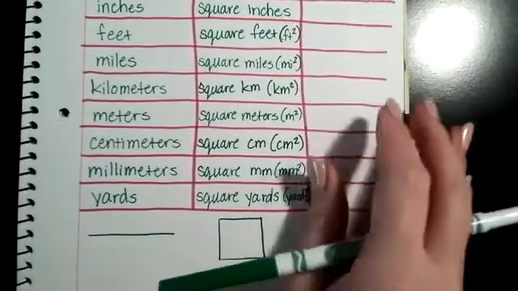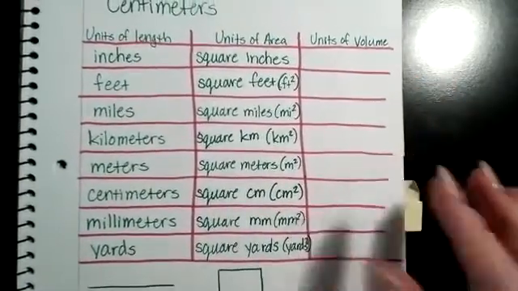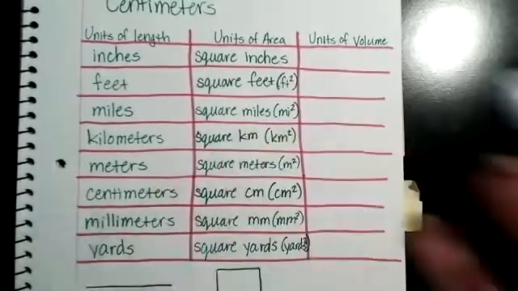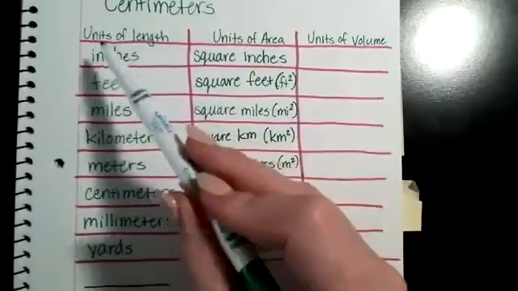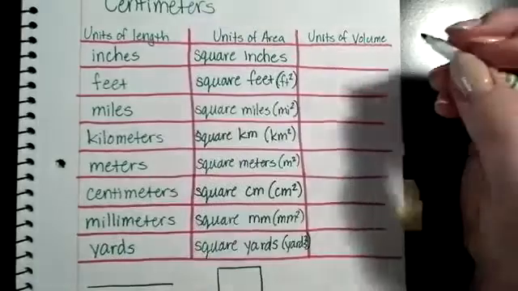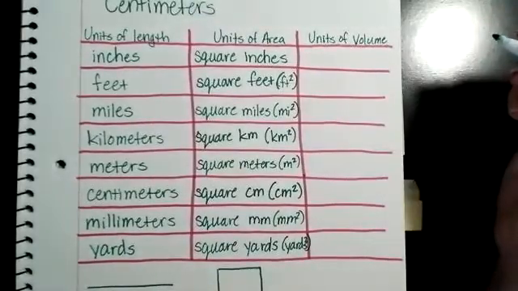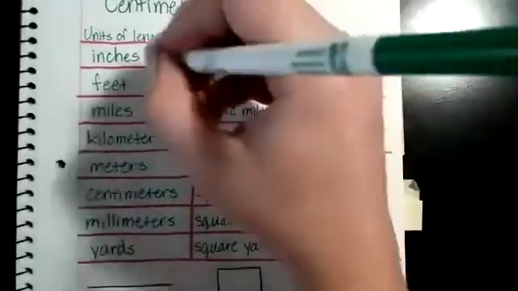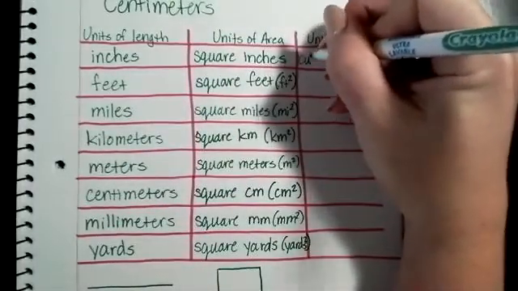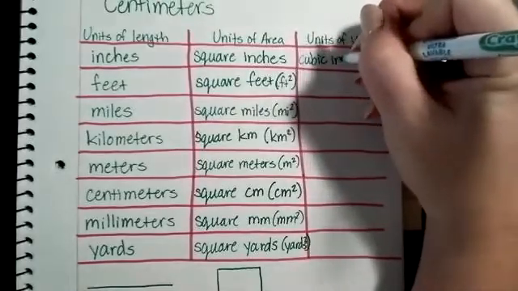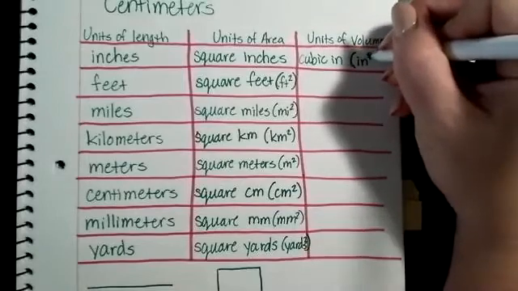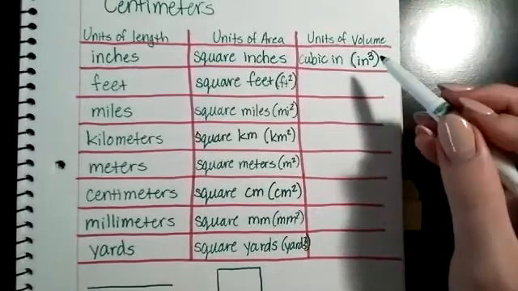Okay, now that we're in 5th grade and we are talking about volume, we're moving on to the next method, okay? We're not talking about just linear measurement or square measurement. Now we are talking about cubic measurement. So the way we're going to write that, when we're talking about inches, if we're measuring volume, we would be measuring cubic inches, which you could write as inches cubed instead of inches squared.